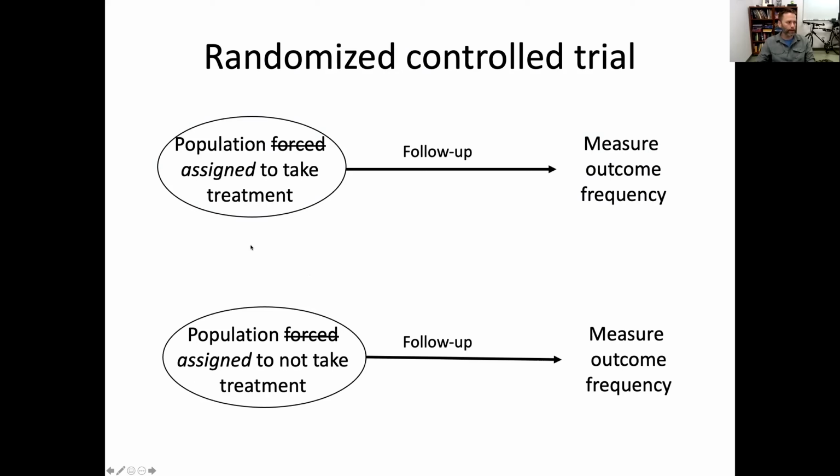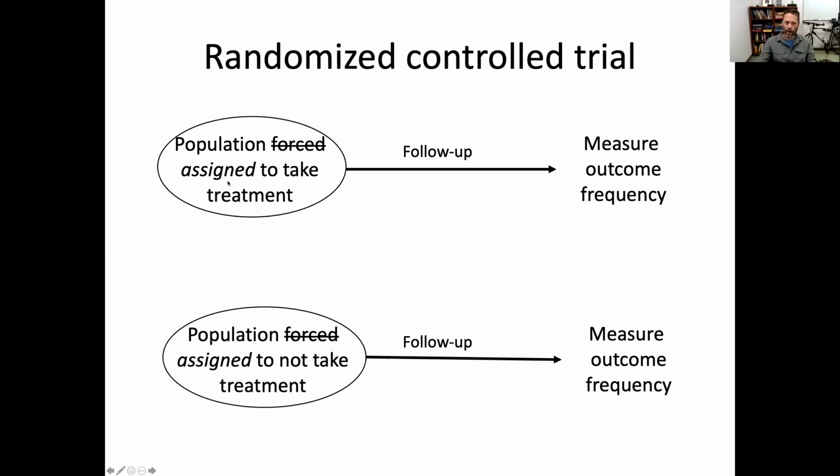Like, let's say being male or being older makes you more likely to have the outcome. If we have a group of people and 20% are male, 30% are older, and we randomly assign them to the two groups, we would expect that each of these two groups are going to be 20% male and 30% older. It's a way of controlling for confounding, at least in expectation.